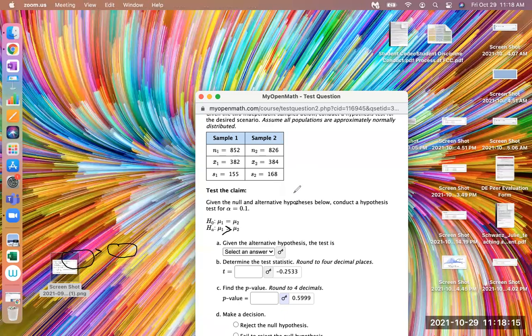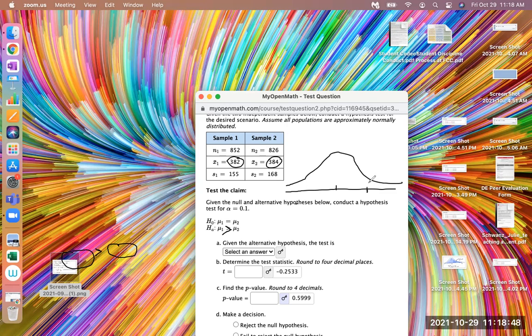In reality, if this was truly a real life problem, you would have gotten a test statistic over here to the right if this mean were larger than that mean, which would be a positive t value, and you would have had a smaller p-value.